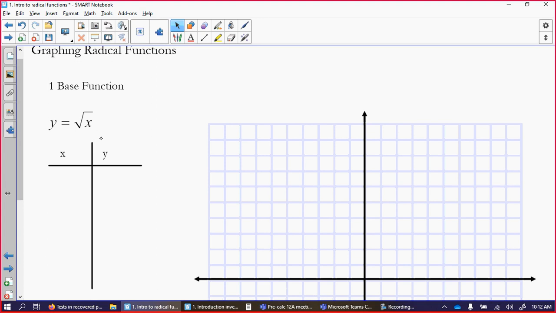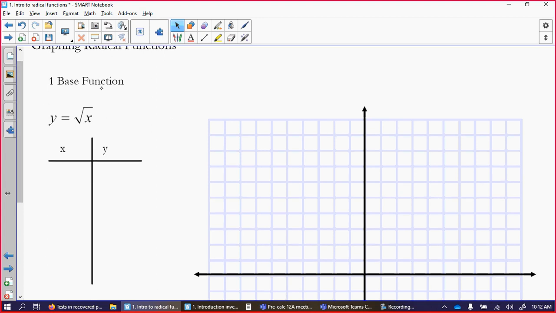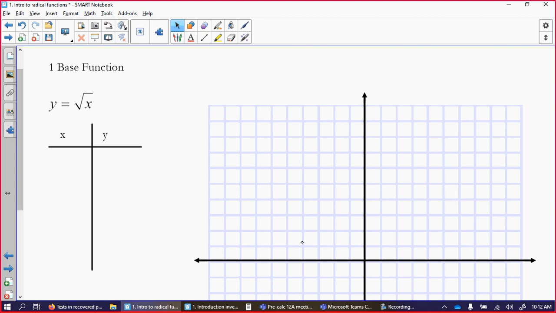We could do this in the sense of an inverse, but if I'm trying to build a table of values, if we did a parabola, we would start at -3, -2, -1, and so on.